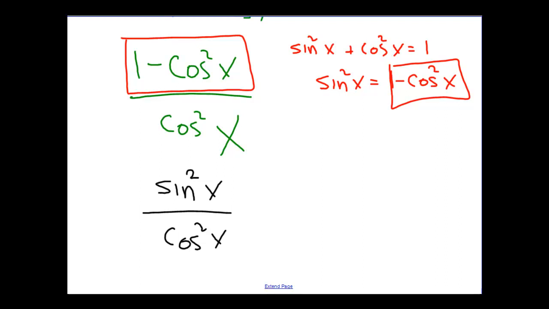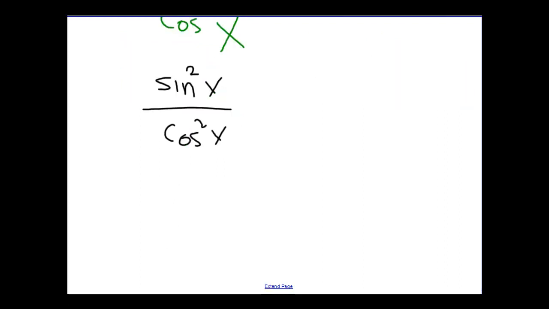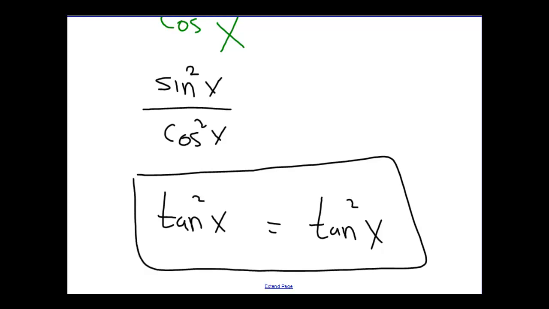But now sine squared x over cosine squared x is simply the tangent squared of x, and that was what the right-hand side of the original equation looked like. So we have now proved that the left-hand side and the right-hand side are really the same quantity, just written in different ways. That proves that this is an identity.